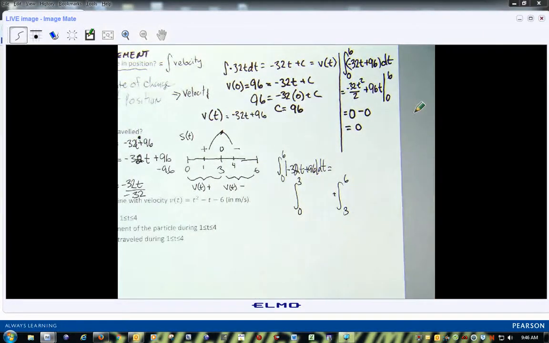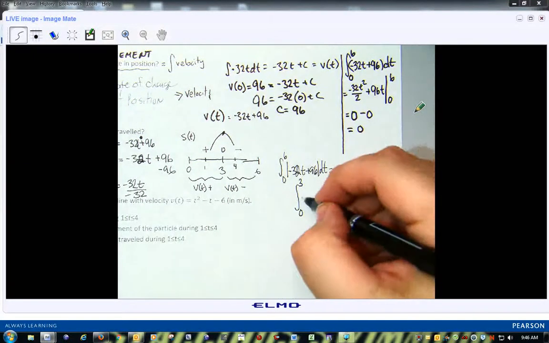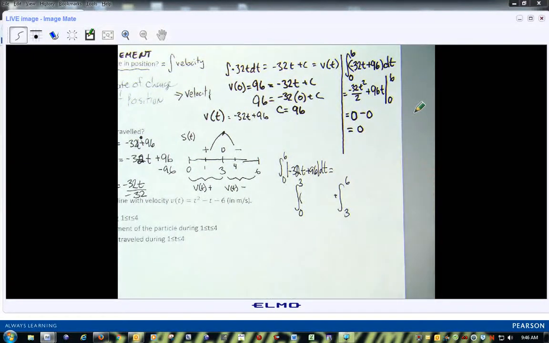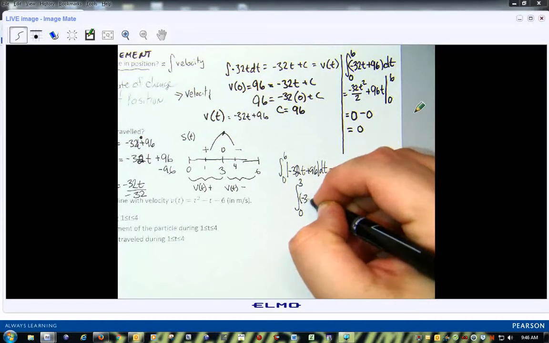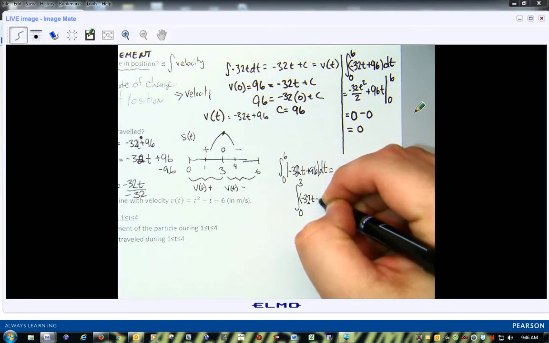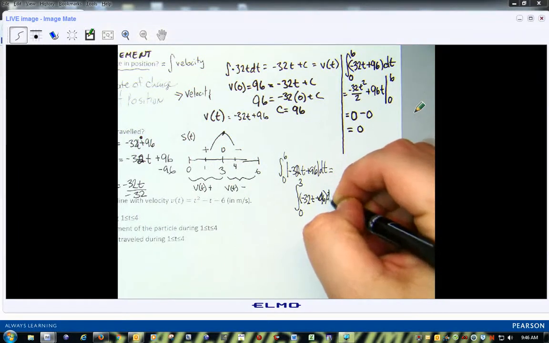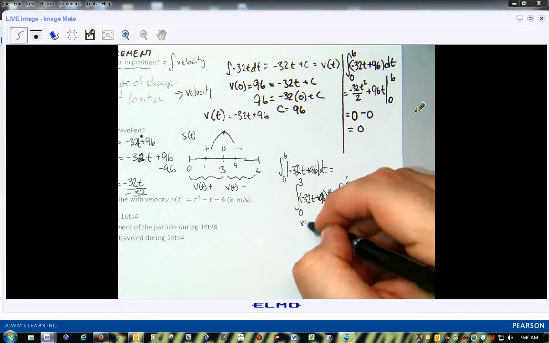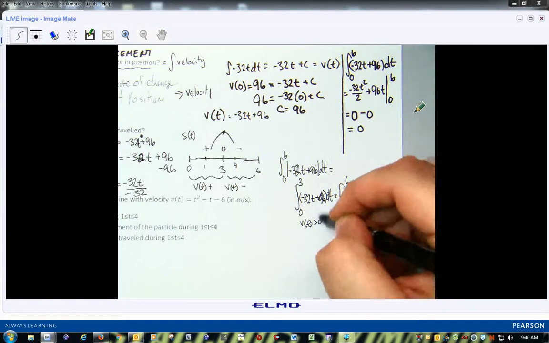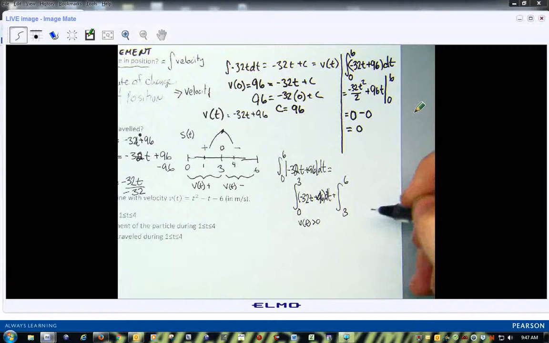Now, is the velocity positive or negative here? Positive. So I'm just going to take the regular old velocity equation, negative 32t plus 96 dt. Now, from 0, since v of t is greater than 0 here, it's positive here. It's negative here. What do I do to make it positive? Multiply it by negative 1.